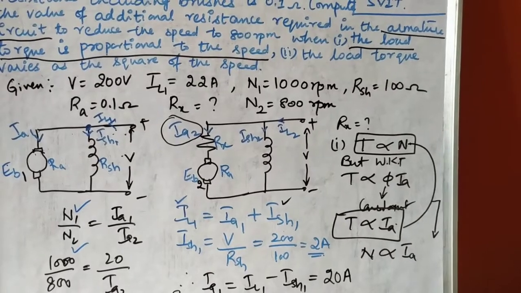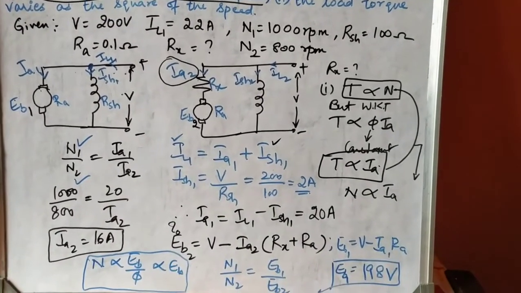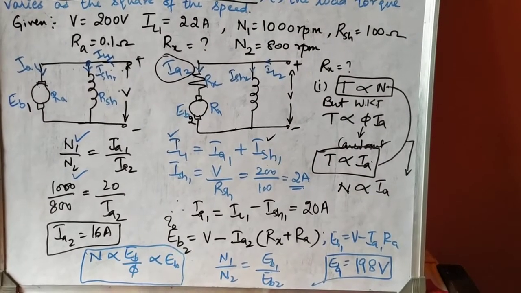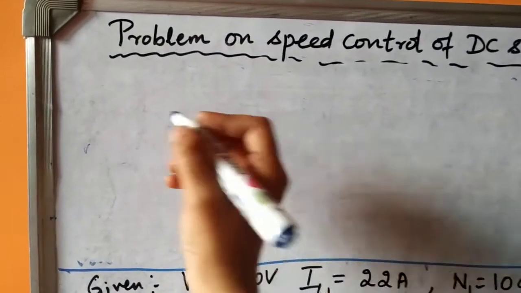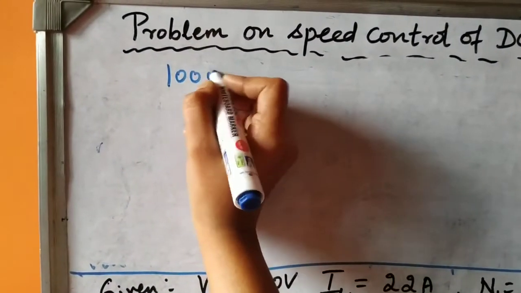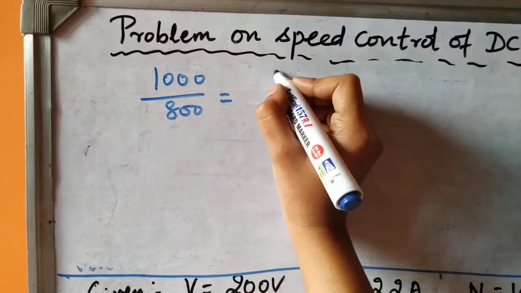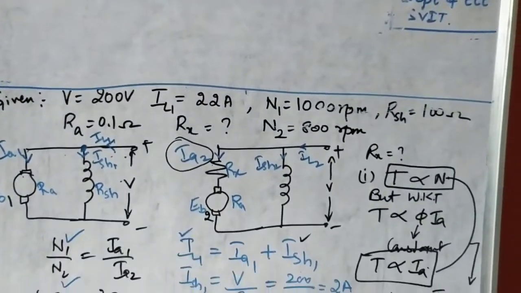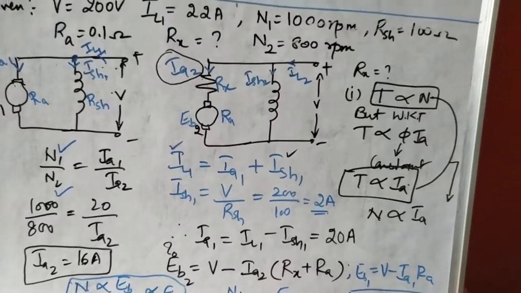N1 by N2 is equal to EB1 by EB2. Now let's solve N1 by N2 is equal to EB1 divided by EB2. When we substitute the values, N1 is 1000 and N2 is 800 and EB1 is 198, and EB2, the voltage equation you wrote here, is V minus IA2 into Rx plus Ra.